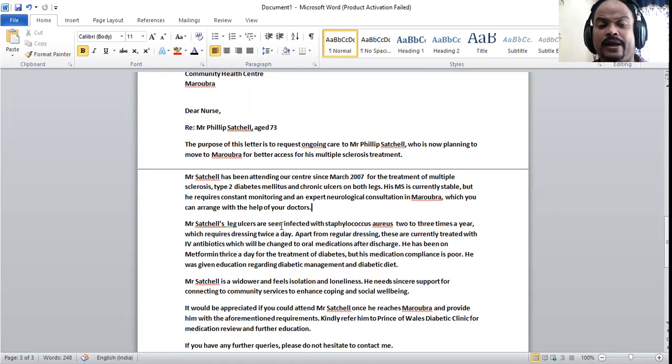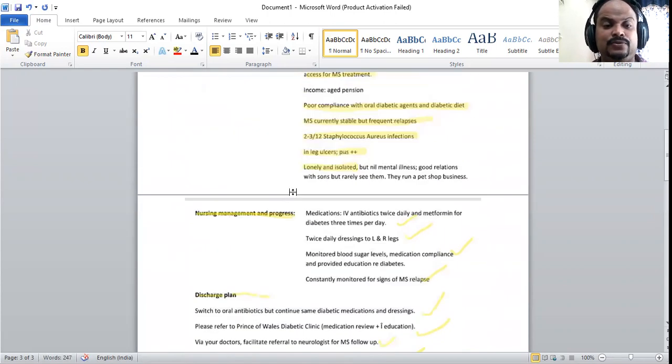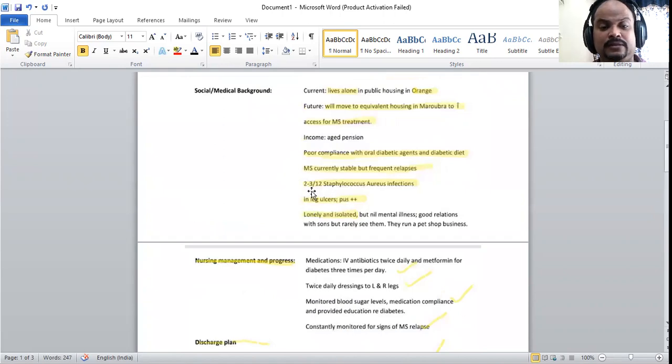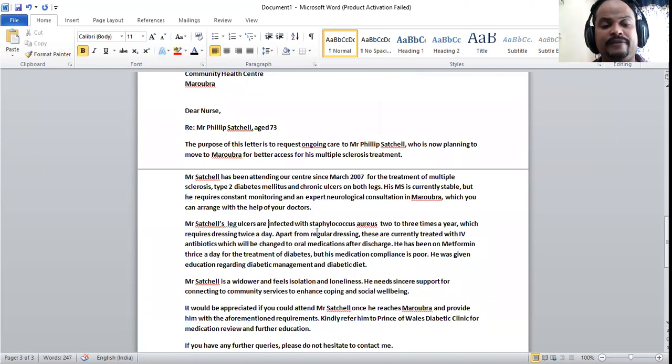The ulcers are infected with Staphylococcus aureus infections, which require dressing twice a day.